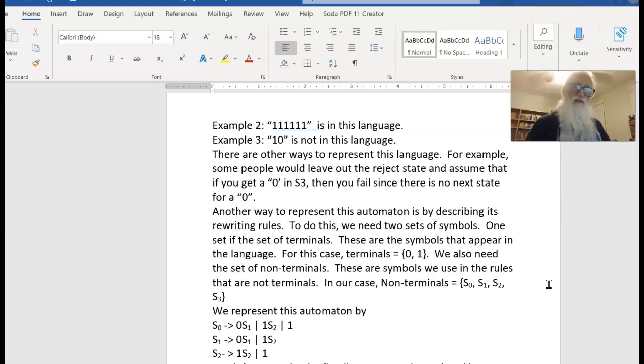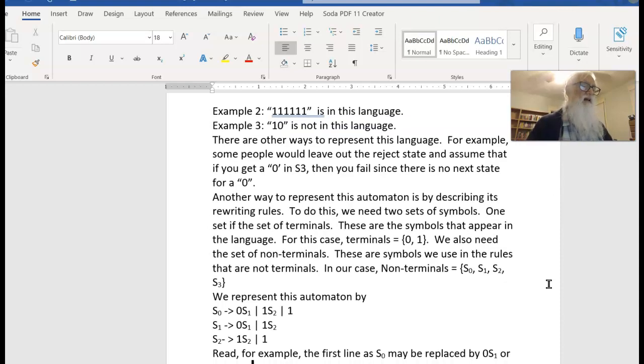There's no more rewriting we can do. Because the only thing we replace, if you'll notice, is non-terminals. We don't replace terminals. Now that might change with some grammars, but this one, it's only going to be non-terminals for a while.